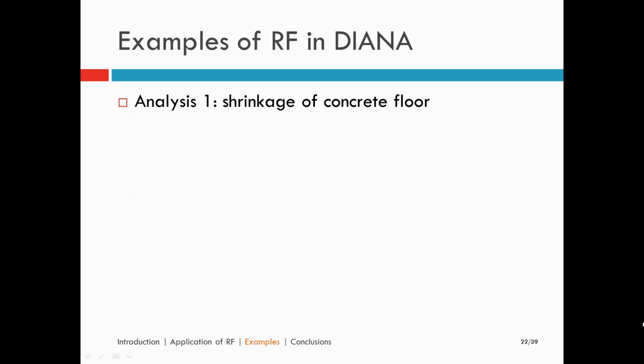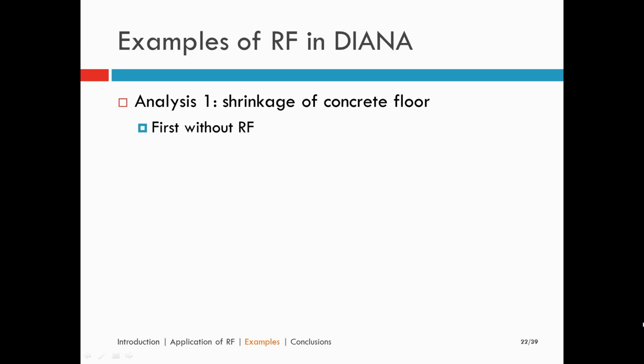Okay, then I will show some examples of random fields in Diana, and hopefully then it will speak to your mind somewhat more. First I will show shrinkage of a concrete floor.